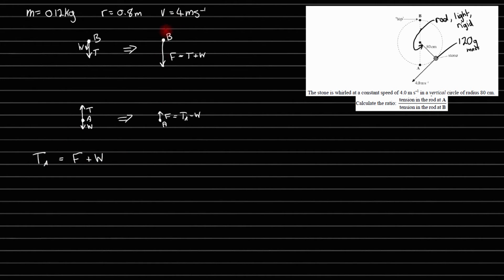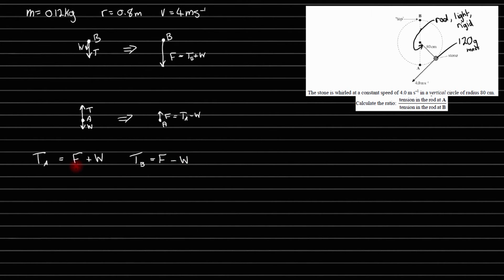Similarly, with the tension at point B, T subscript B, we subtract the weight from both sides to get that the tension at B is equal to the centripetal force minus the weight.